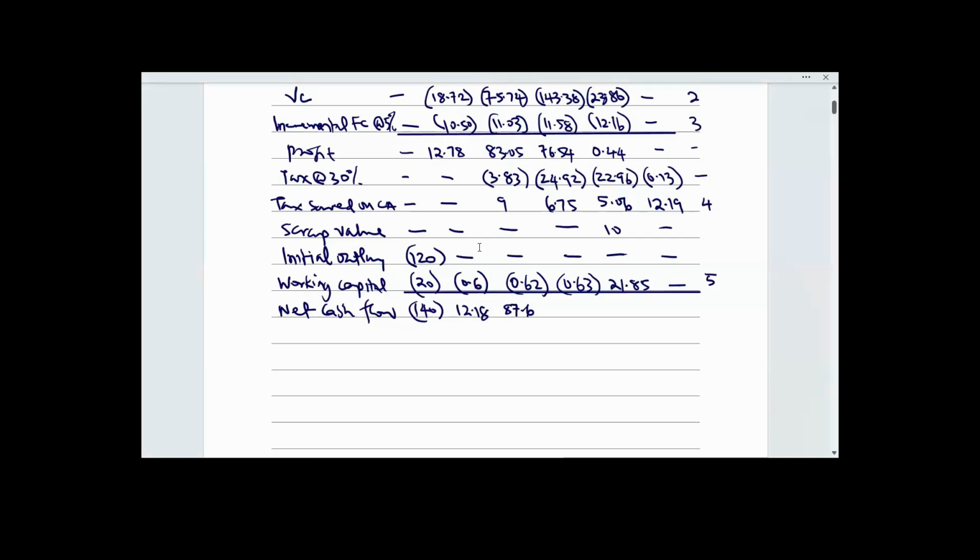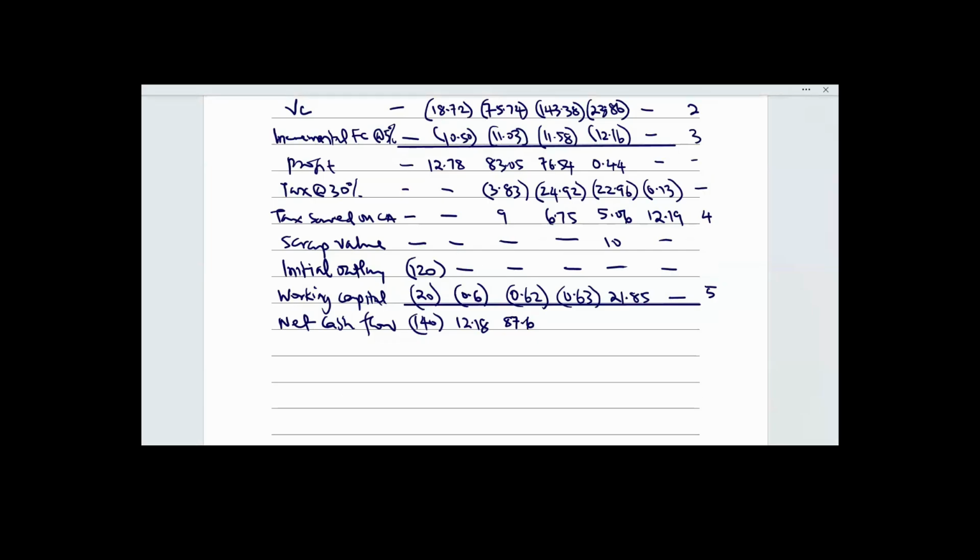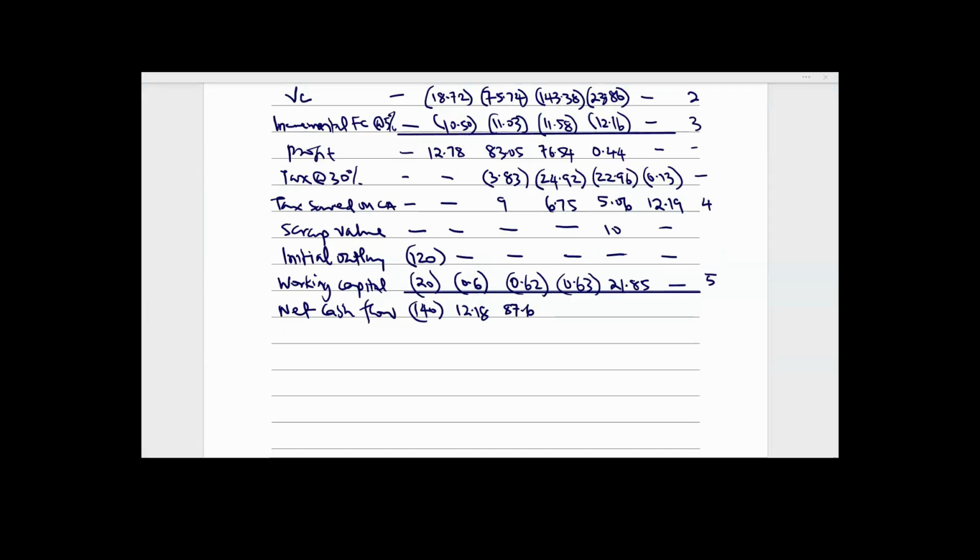Okay. Then year 3, 76.54 minus 24.92 plus 6.75 minus 0.63 equals 57.74. Okay.